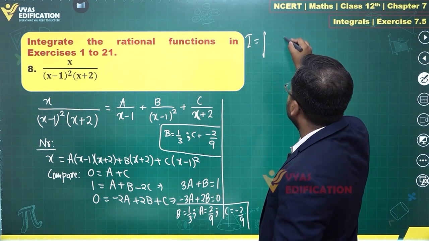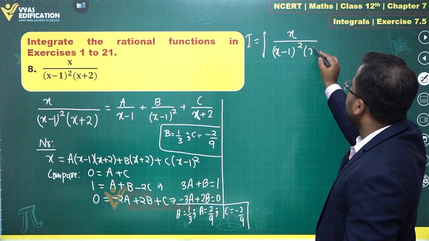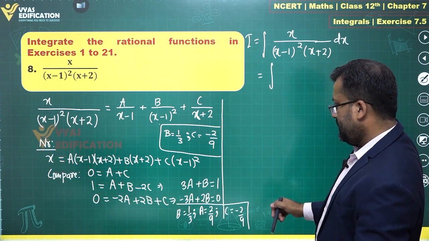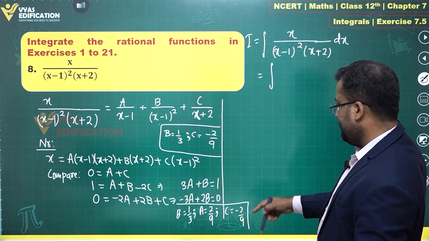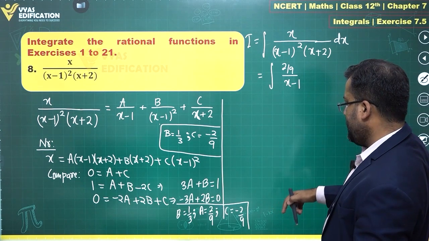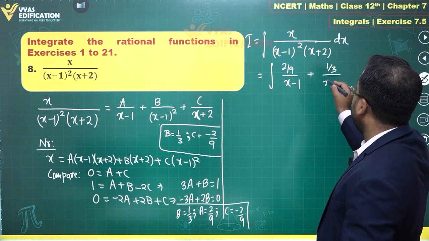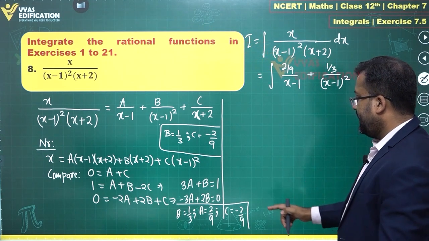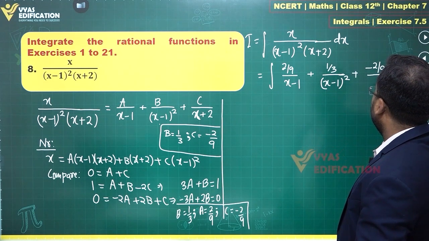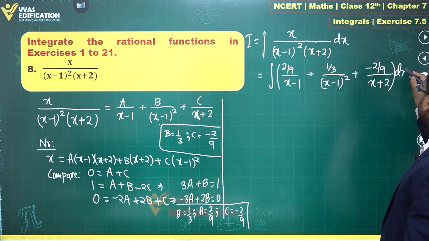Integral I, which was x upon x minus 1 square x plus 2 dx, will become equal to integral of a upon x minus 1, a is 2 by 9 upon x minus 1, b which is 1 by 3 upon x minus 1 square, and c which is minus 2 by 9 upon x plus 2 dx. This is what we have.